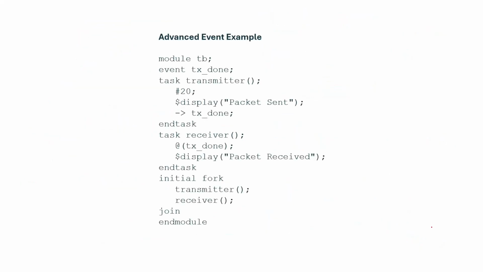Same thing. So module TB is there here. Event transmit done. Task transmitter is packet sending, and the event is triggered at 20 seconds delay. Okay, that is the triggering event. And here task receiver at the rate transmit done. Then you are waiting at what time?